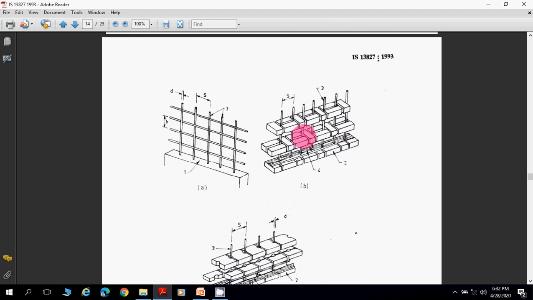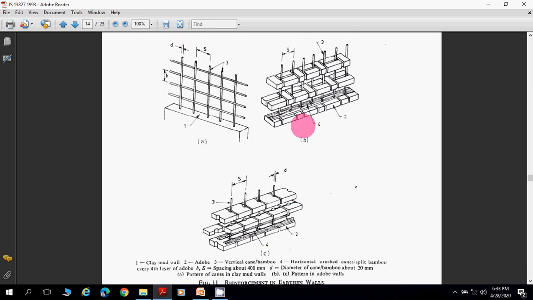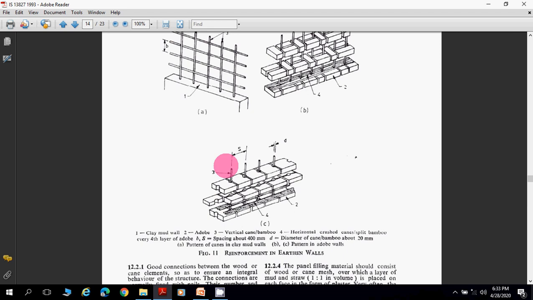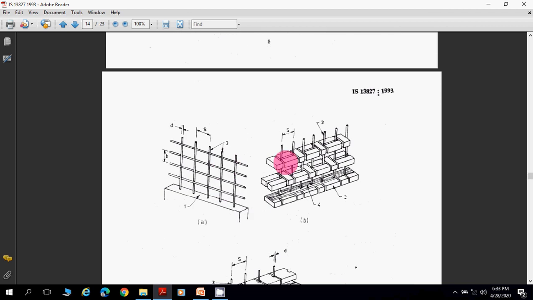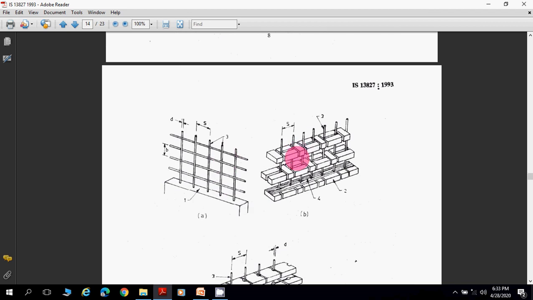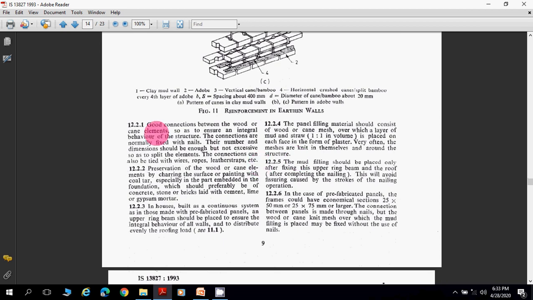The vertical bamboos or canes have a spacing of 400 mm, after which the horizontal members are also provided, and the bamboos and canes should have a diameter of about 20 mm. This will act like a reinforcement in the walls, and then the plaster is to be applied.